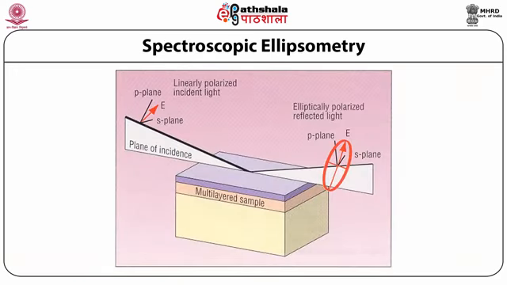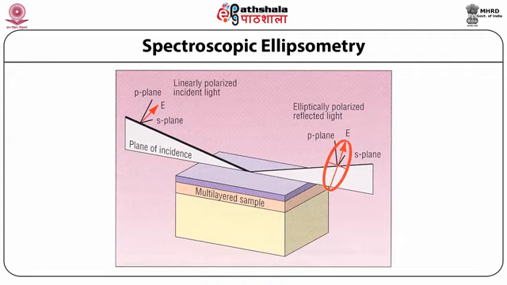So let us now discuss another spectroscopic technique, that is spectroscopic ellipsometry. Ellipsometry is generally a non-invasive, non-destructive measurement technique to obtain the optical properties of a sample material by means of the reflected light waves.